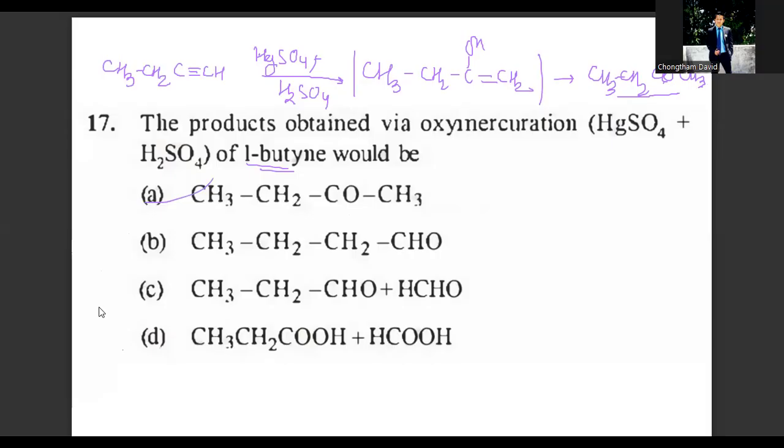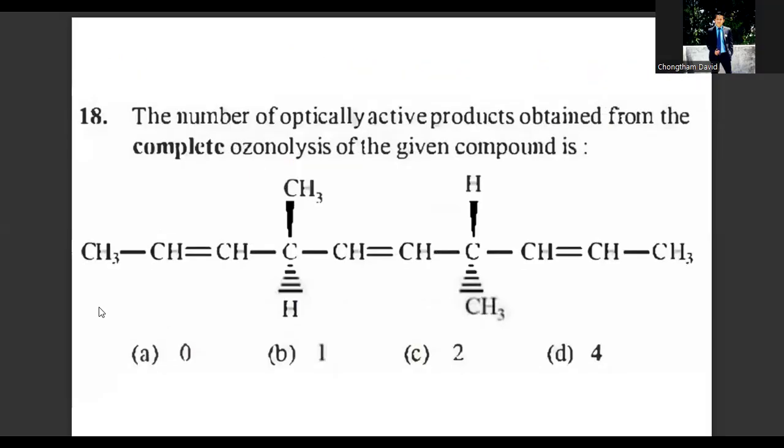Question number 18. The number of optically active products obtained from the complete ozonolysis of the given compound is. So when this ozonolysis takes place, this is a stereoisomer. It is written in the form of isomers. One is chiral, another one is achiral. So when this alkene is made to undergo ozonolysis, you have to check at this branch.